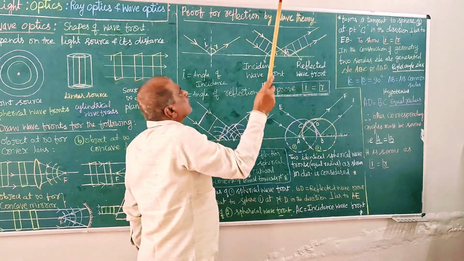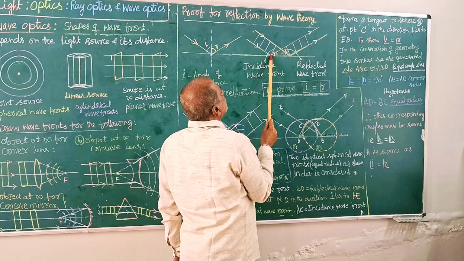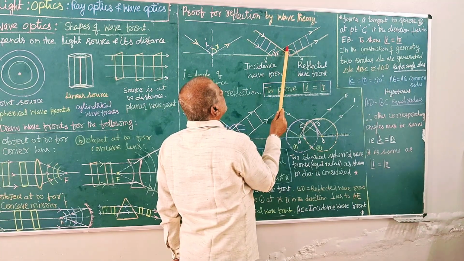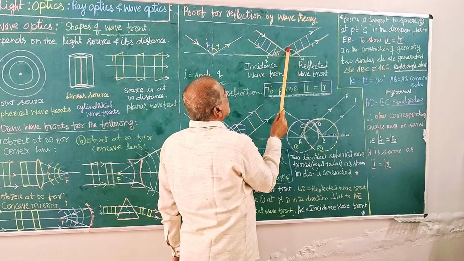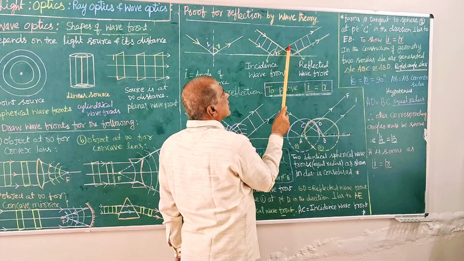Similarly, when the light ray is reflected from this point, we see the planar wavefront only from this point. From this point to this point, how does the light travel in the form of wavefronts? Again in spherical shape.